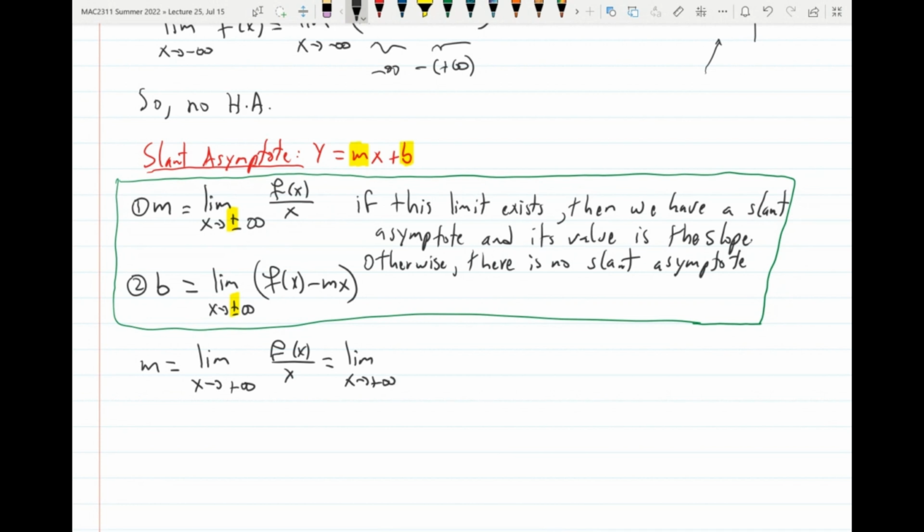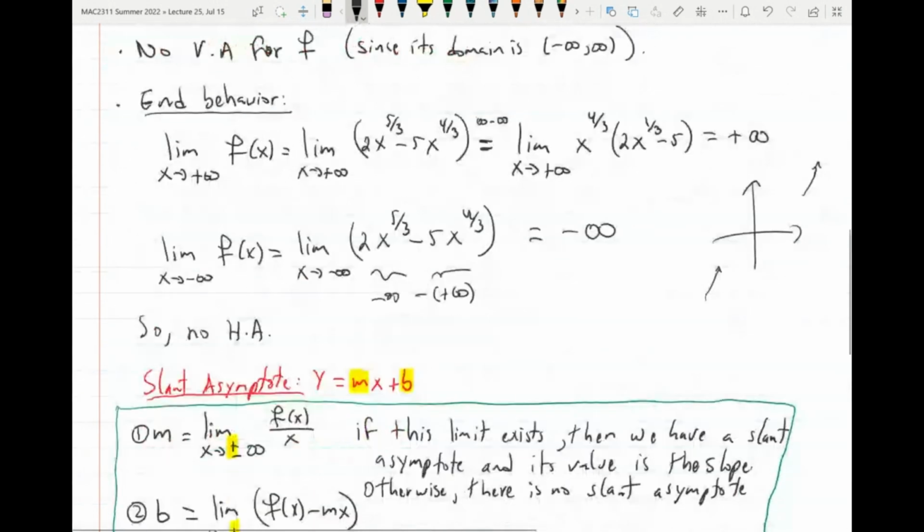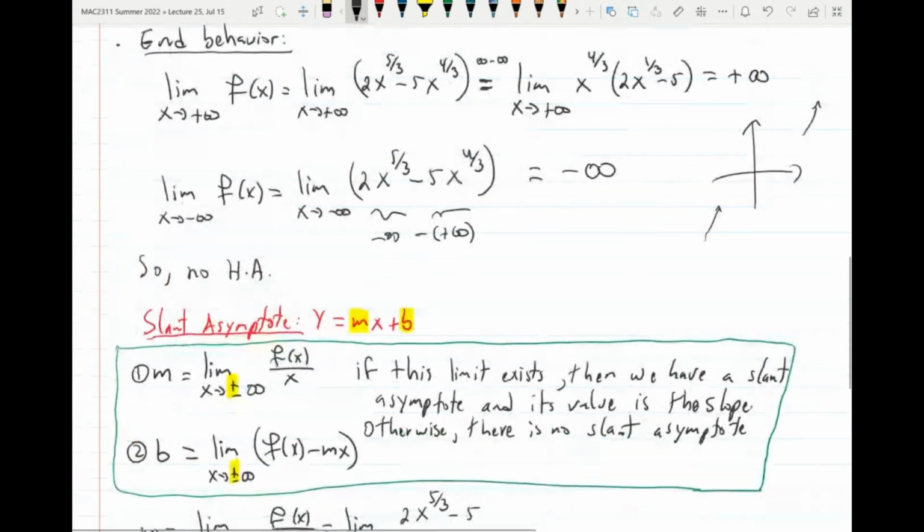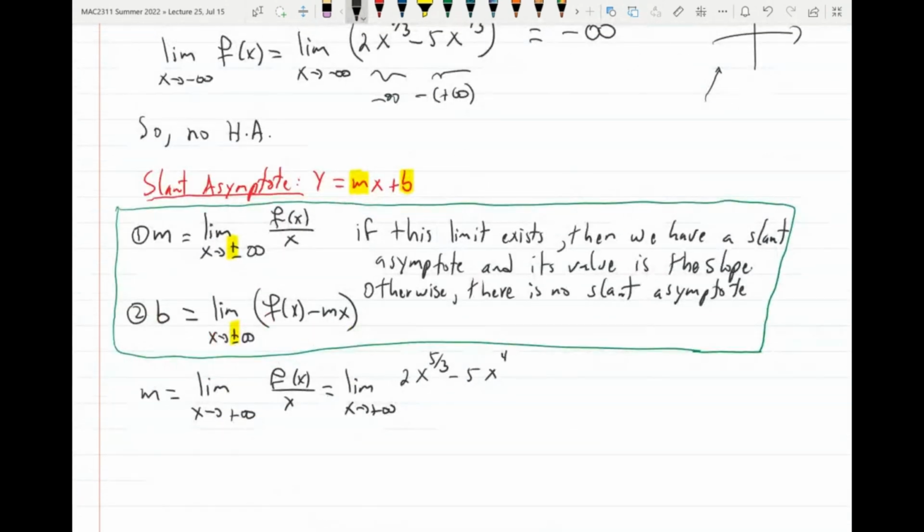When we divide by x, I get 2 times x^(2/3), since 5/3 minus 1 is 2/3, minus 5 times x^(1/3), since 4/3 minus 1 is 1/3.